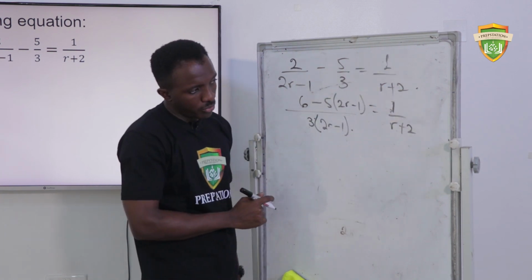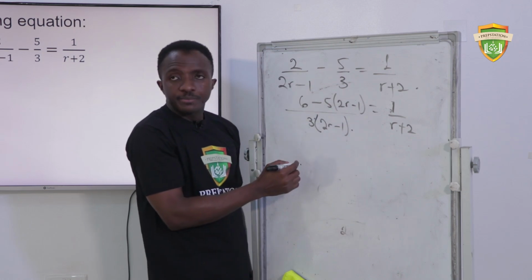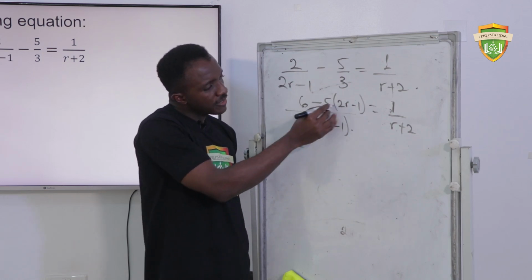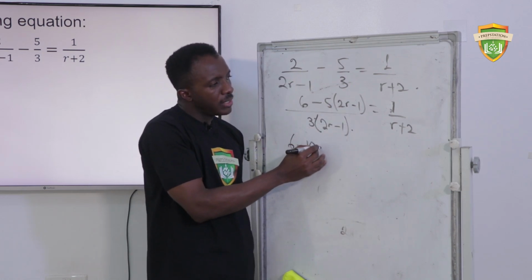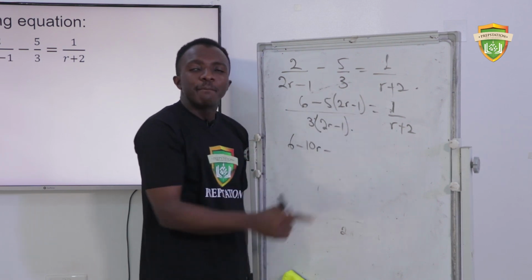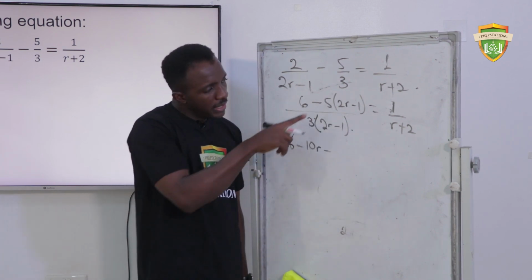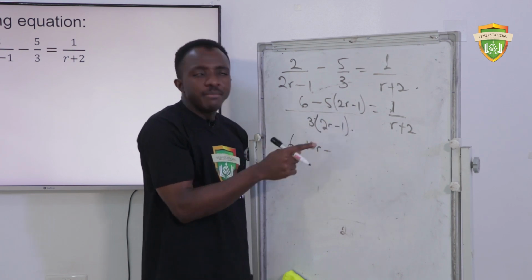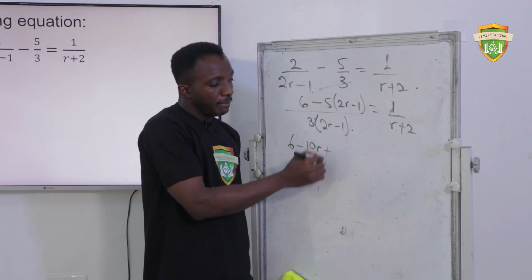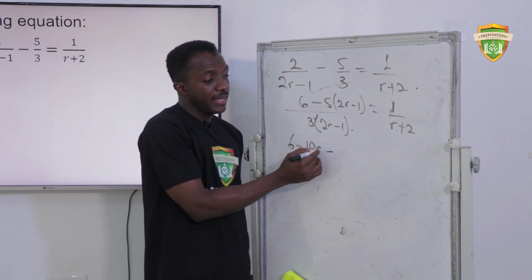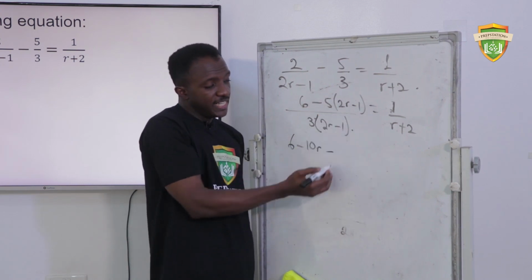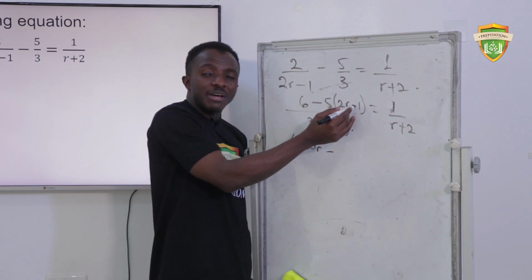1 over r plus 2. So open the brackets. We have 6 minus 5 times 2r is 10r. Minus times minus. Please do not forget your signs. Very many students will just quickly put a minus here and say 5 times minus 1 is minus 5. No, the minus will affect this minus.